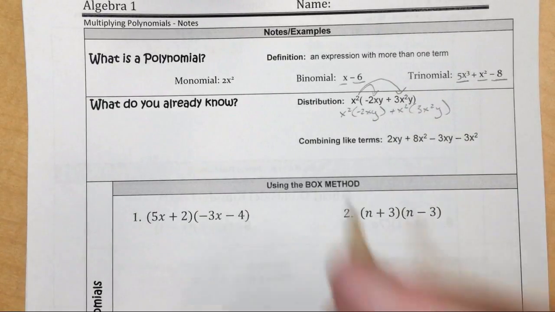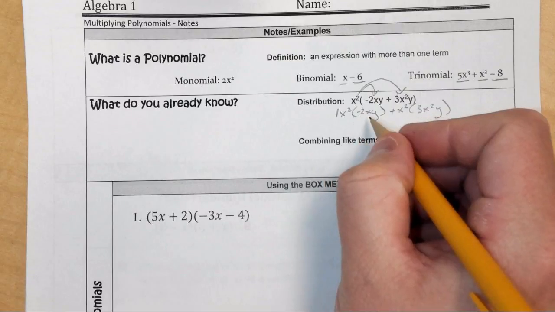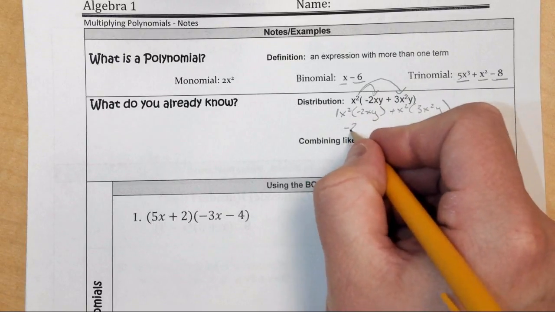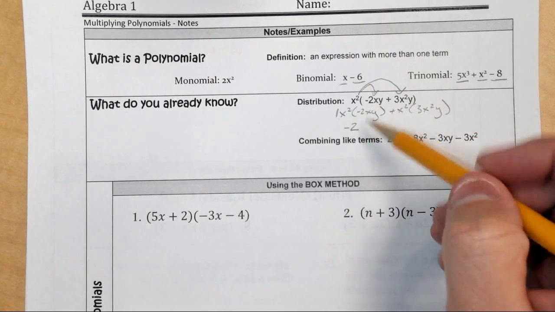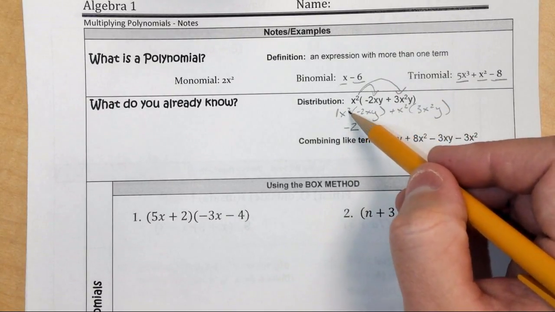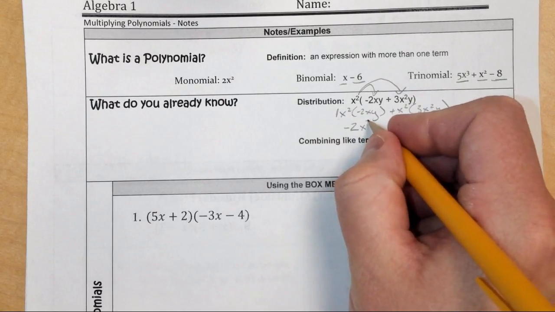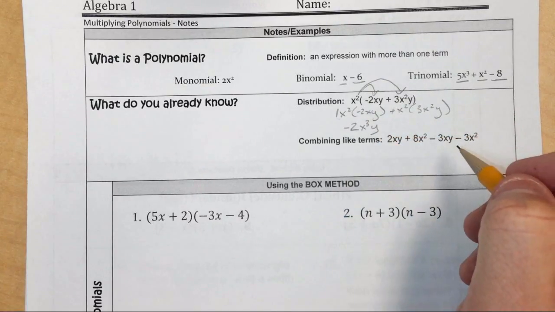And so when I have x squared, this is like a 1 in front, 1x squared times -2xy, you multiply the coefficients together, -2, and then you multiply the variables together. And notice I have an x squared times an x. There's a total of 3 x's here, so that'd be x to the third. And then there's only one y here, so I'm only going to have one y here.